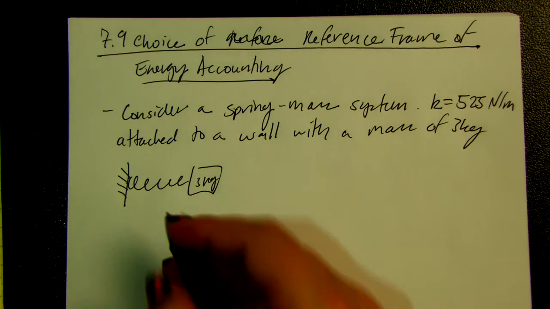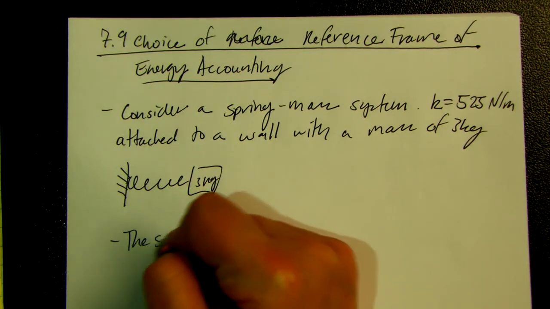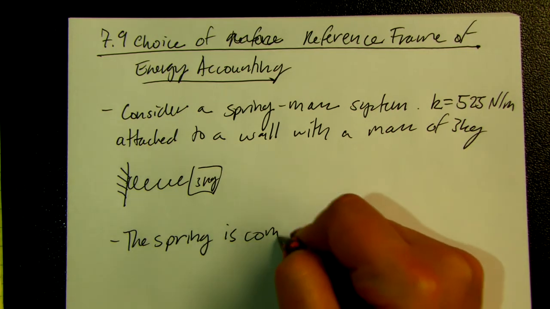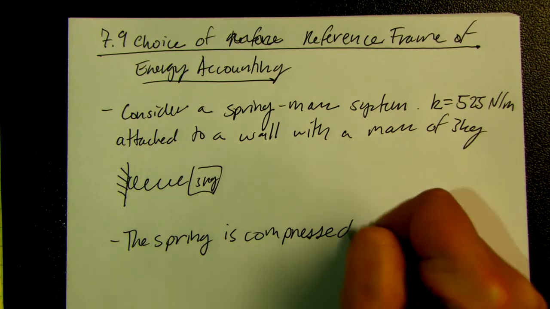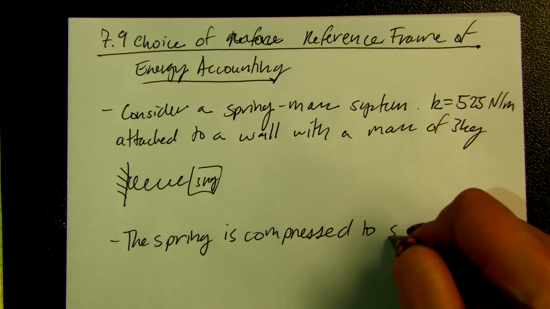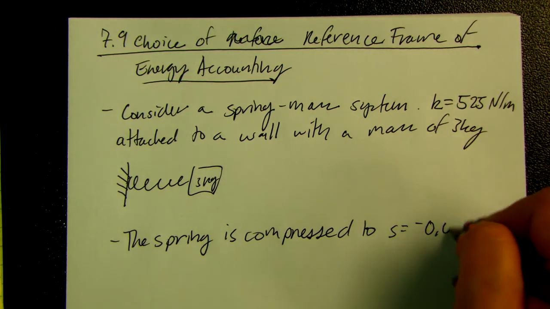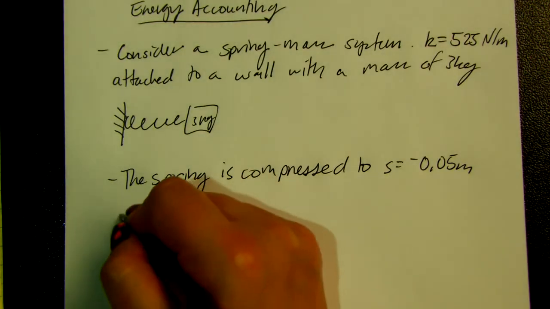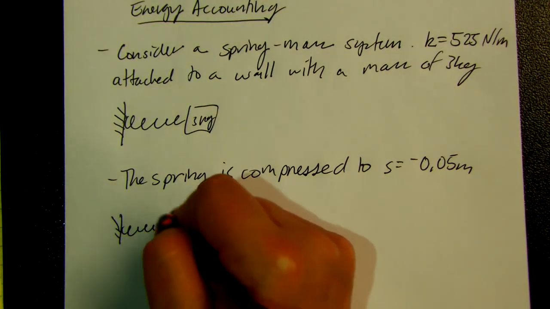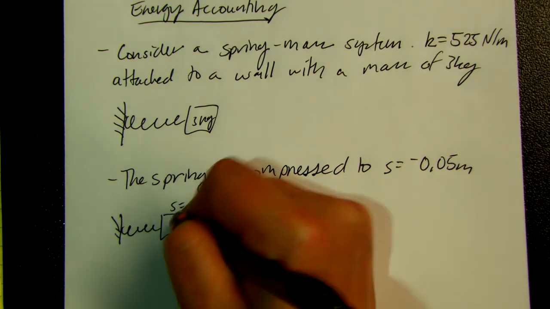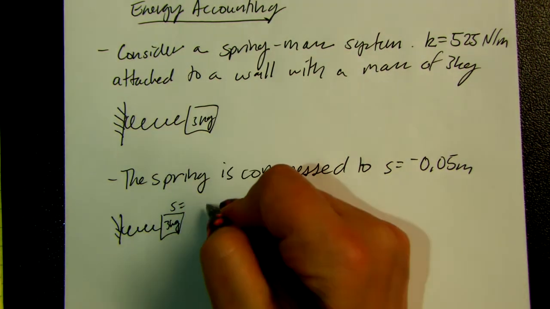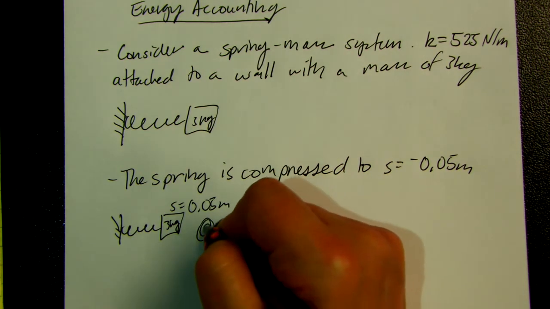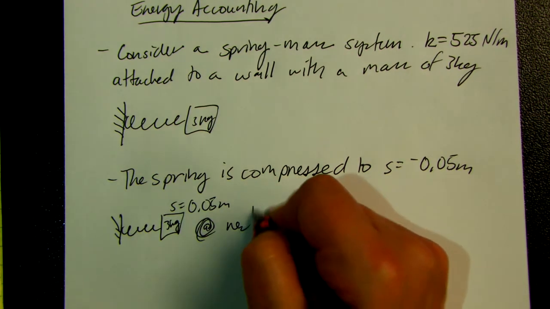Then the spring is compressed to a stretch of minus 0.05 meters, so it's compressed 5 centimeters, and it's held at rest.